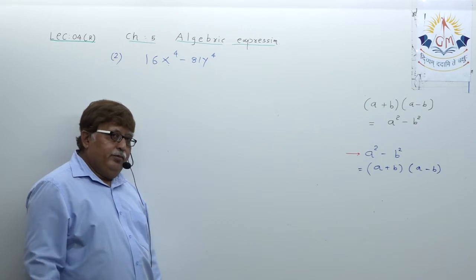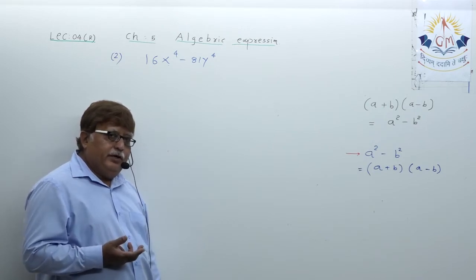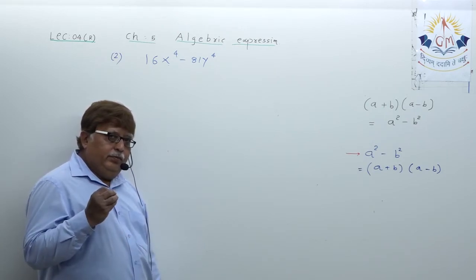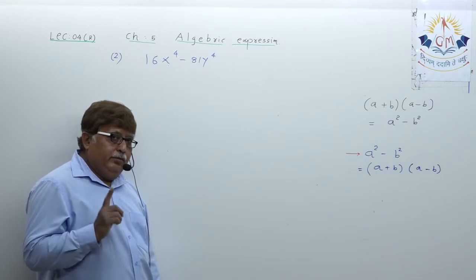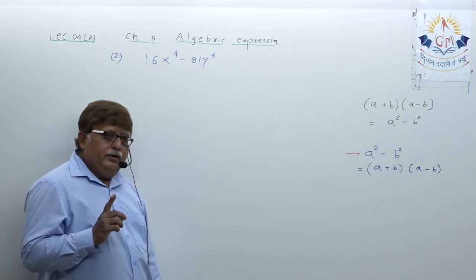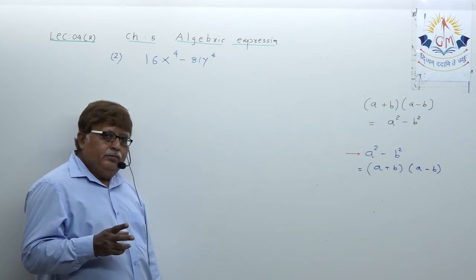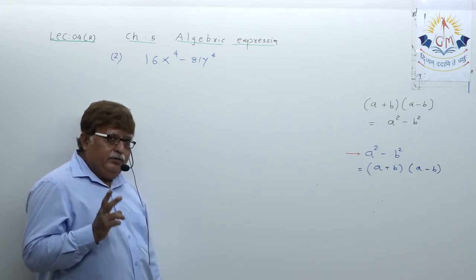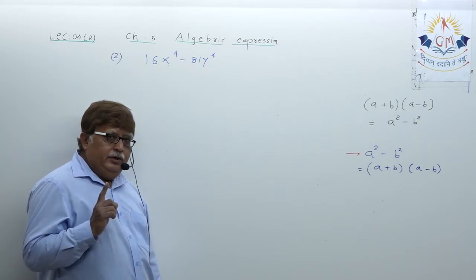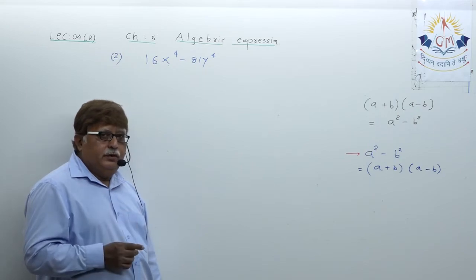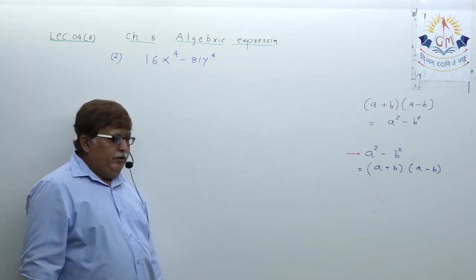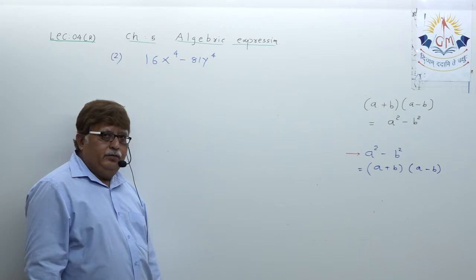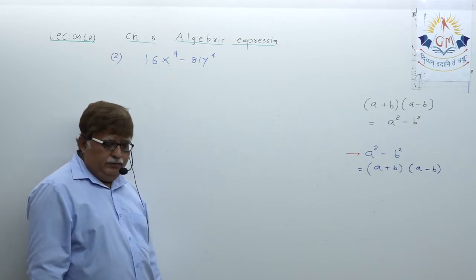So many times I spoke this statement to implant in your mind permanently. Two terms, both are perfect square, between them negative sign, that means apply the identity of a square minus b square. Understood?